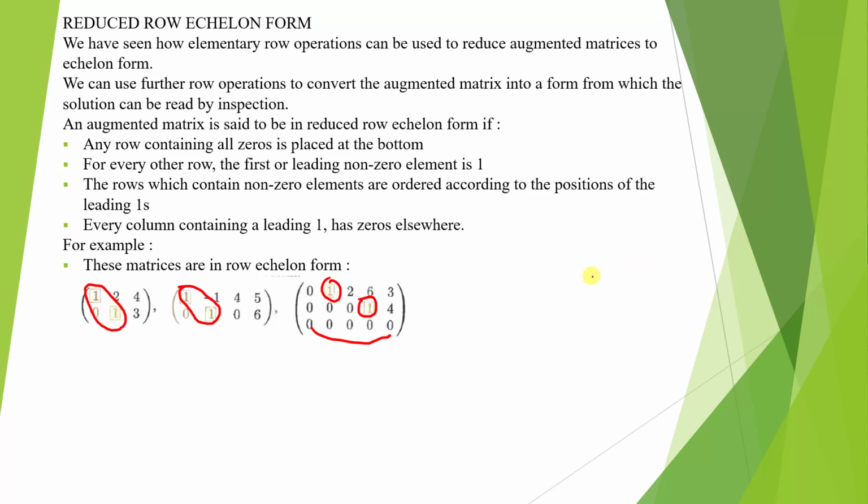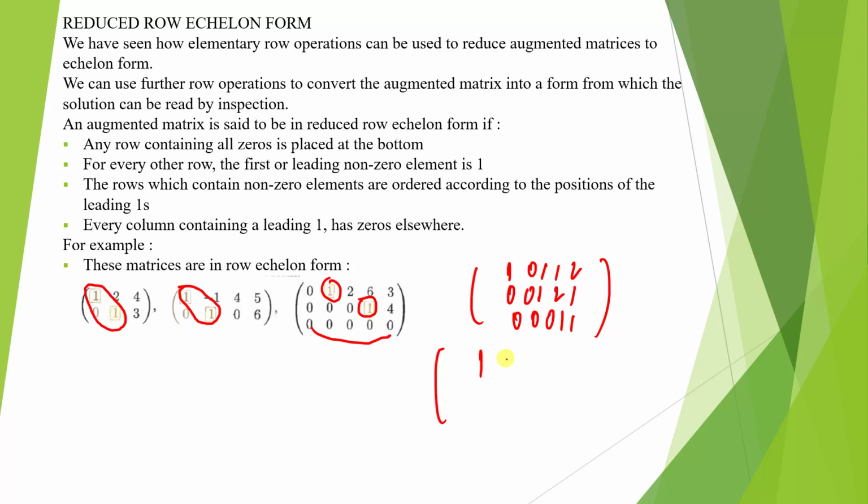For example, we can write 1 0 1 1 2 0 0 1 2 1 0 0 0 1 1. This is echelon form.